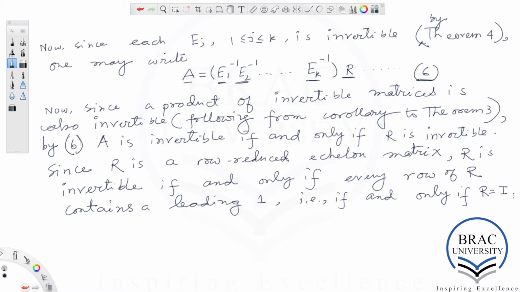Okay, then by this equation, A is equal to, I'm just replacing R with I, A is equal to E1 inverse times E2 inverse all the way up to EK inverse. This is our equation number 7.